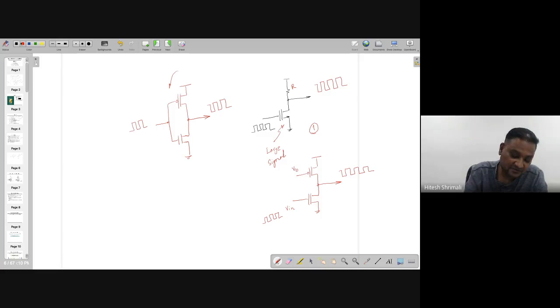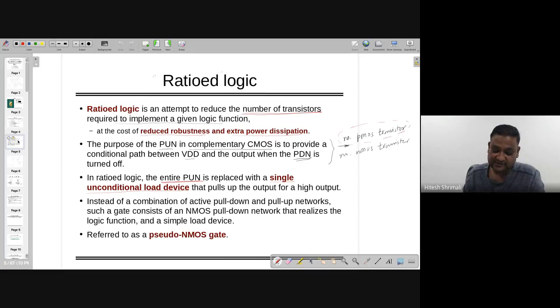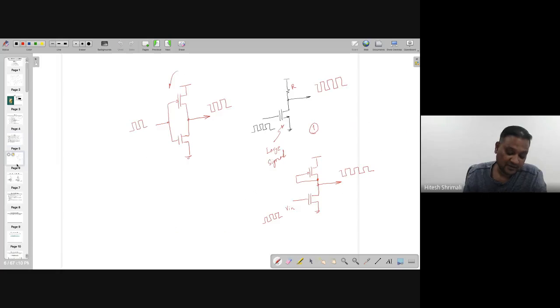You can make it even like this also, which is diode connected. So that is what this sentence is all about. It says that it's a single unconditional device load which you are going to keep. It might be resistive, and sometimes people keep a diode also.